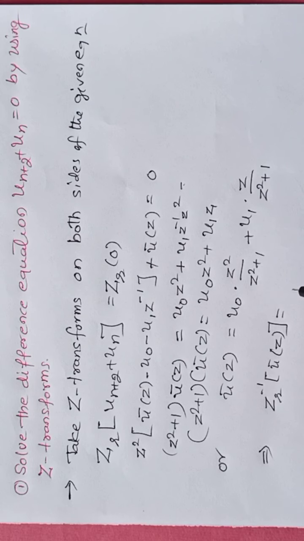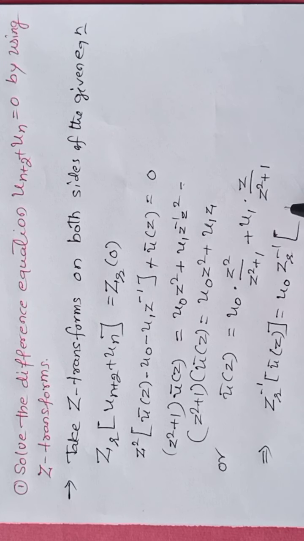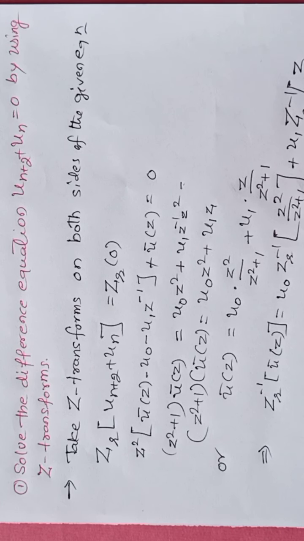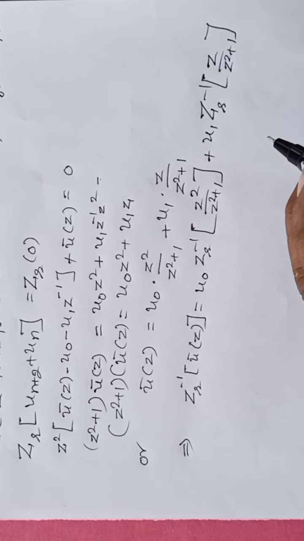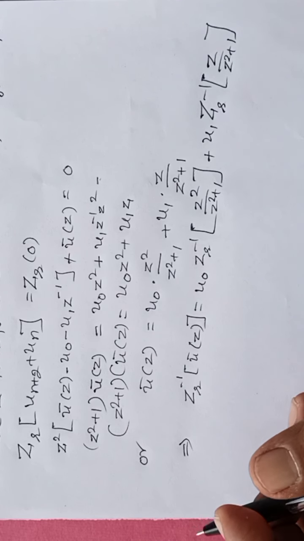So u naught into inverse z transform of z square upon z square plus 1, plus constant u1 into inverse z transform of z upon z square plus 1.